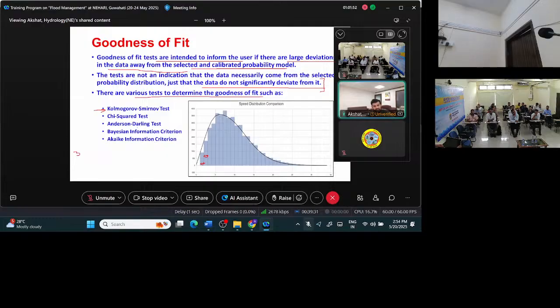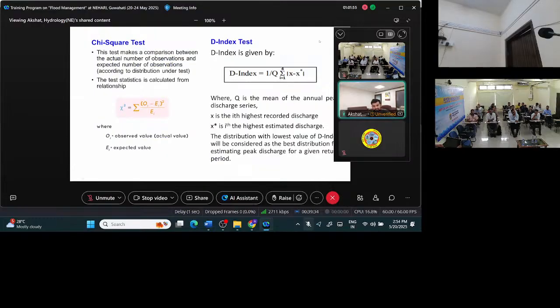So generally we use chi-square test and D-index test. In chi-square test, this test makes a comparison between the actual number of observations and expected number of observations in a bin. For example, as I told you, we use a probability distribution and try to put it on a number of bar charts, which I am just calling bins.